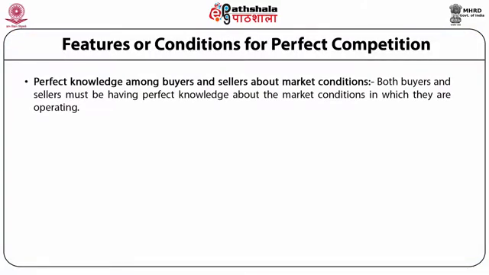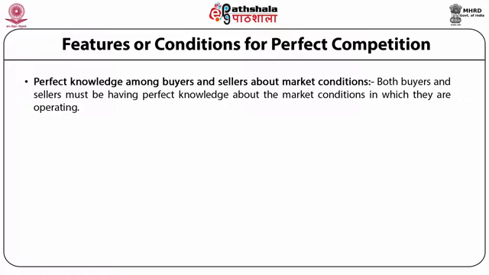Profit maximization. Under perfect competition, all the firms have a common goal of profit maximization. No other goal is being pursued by any firm. Perfect knowledge among buyers and sellers about market conditions. Both buyers and sellers must be having perfect knowledge about the market conditions in which they are operating.